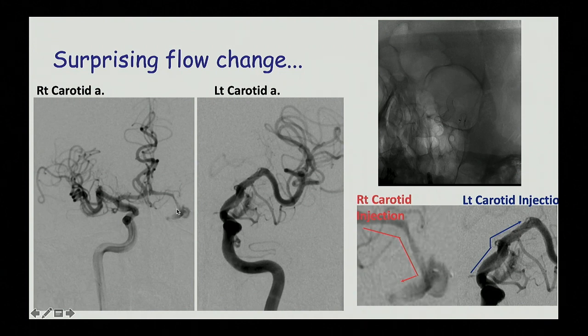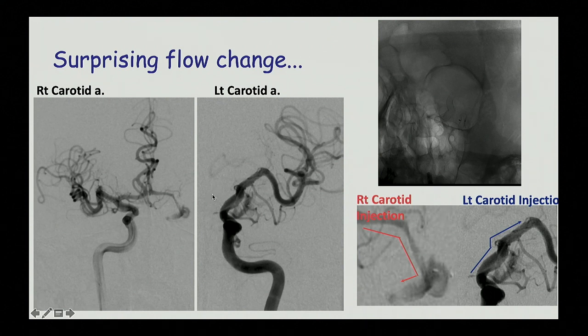You see part of the communicating artery, but you can see that the posterior cerebral artery from the left is filling from the right, so going this way to the posterior communicating and to the posterior cerebral artery. And a very small part of the aneurysm is still filled by the right.